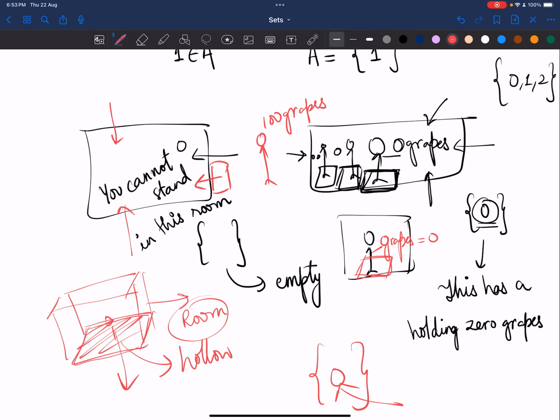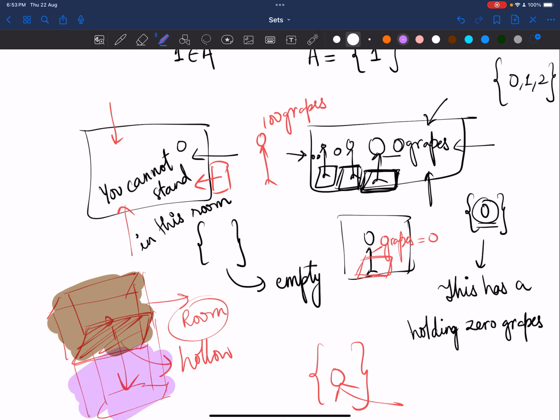And the room is just this. Like only this volume is considered the room. So even if you fall down into this area over here, that's not the room. Only this is the room. This is not the room. And let's say this room has a floor, like the one below.